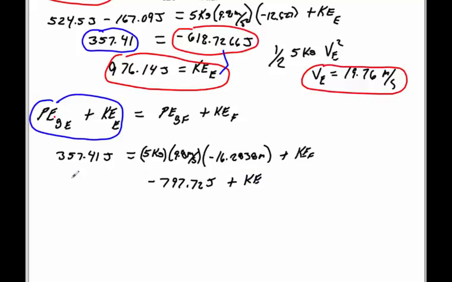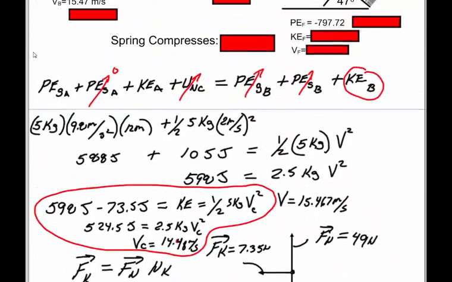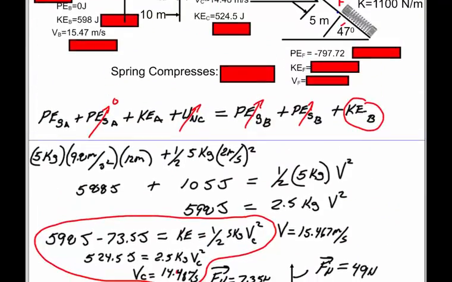Again, I'm going to move this over to the other side. So 357.41 plus the 797.72 gives me a kinetic energy at F equal to 1155.13 joules. Again, make sure that's within reason, within rounding here. And the kinetic energy I have is 1155.13.